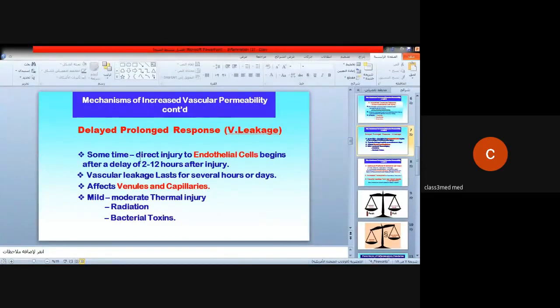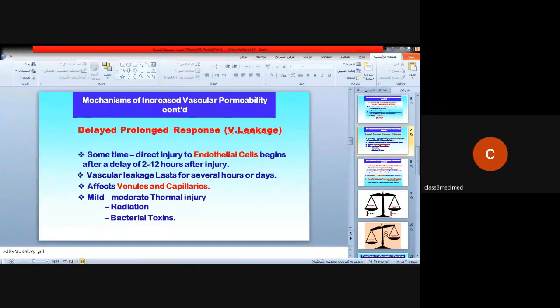There is direct injury to the endothelial cells, beginning after a delay of 2 to 12 hours after injury, and the vascular leak lasts for several hours or days. The leak occurs from the walls of the venules and capillaries, but does not affect the arterioles.